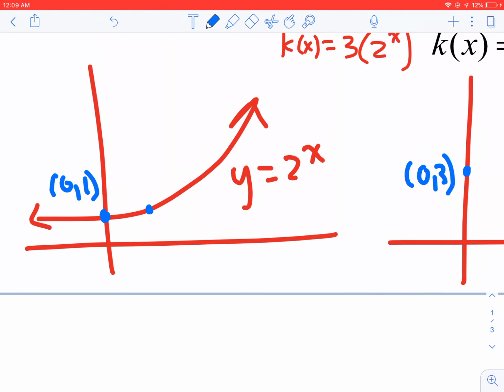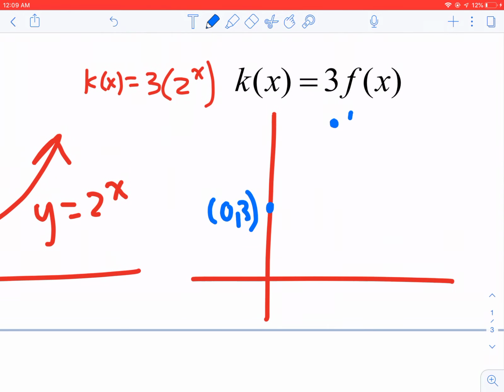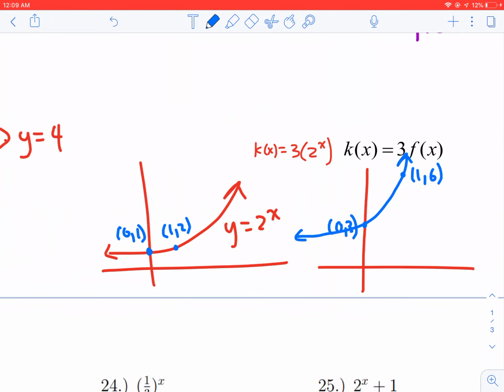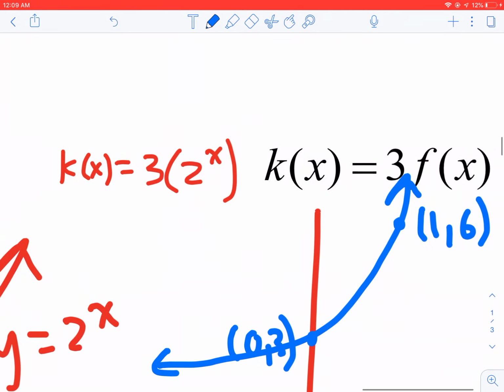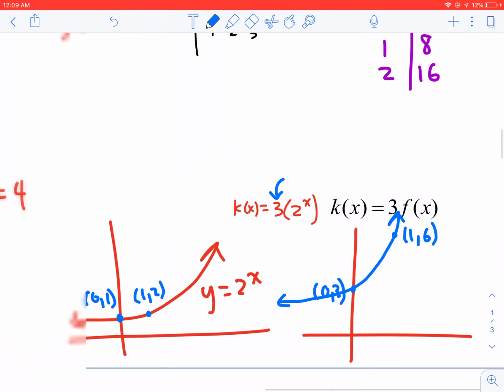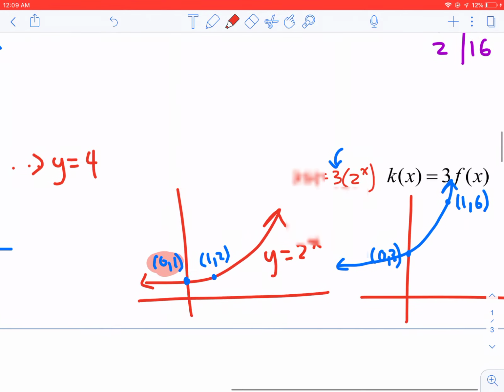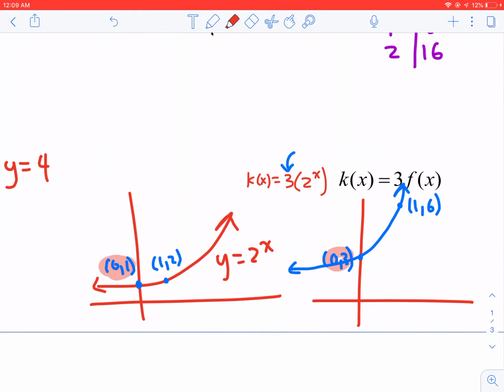This point, which does not look like 1, 2, is going to become 1, 6, so on and so forth. Right? So that's the sketch of this graph. And that is why when you multiply by 3 or by some value a, that value becomes your y-intercept. Because it's just this point 0, 1 getting multiplied by 3, and there we go.